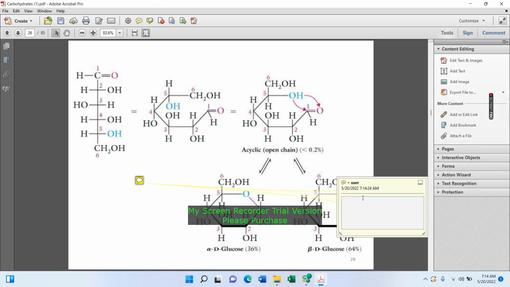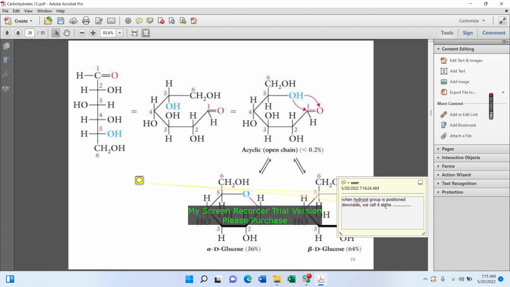So let's take a note. When the hydroxyl group is positioned downside, we call it alpha, then the molecule name.